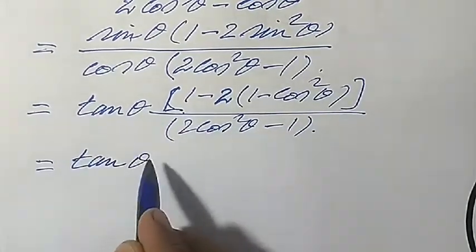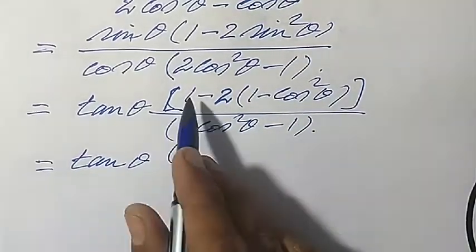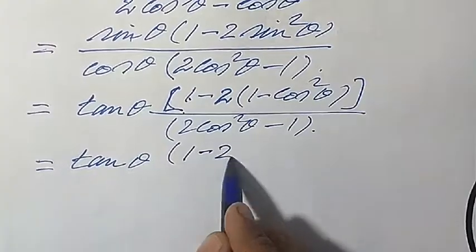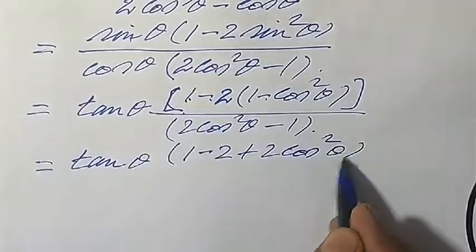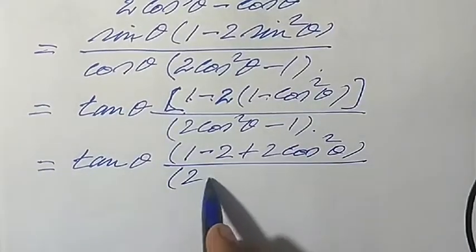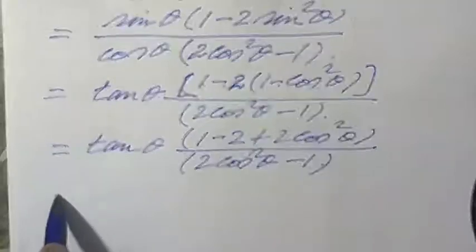Now tan theta, if we open this bracket up, we have 1 minus 2 minus into minus plus 2 cos square theta divided by 2 cos square theta minus 1.